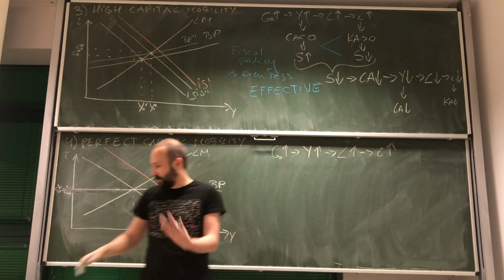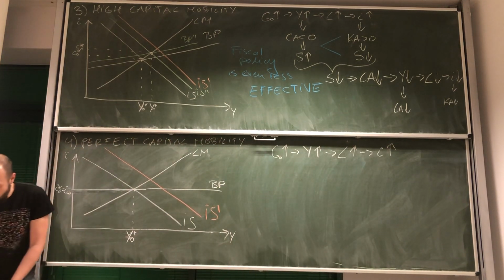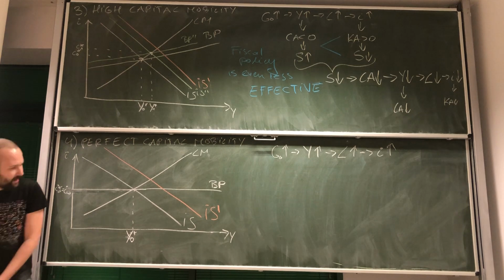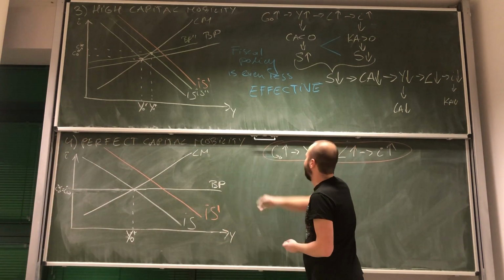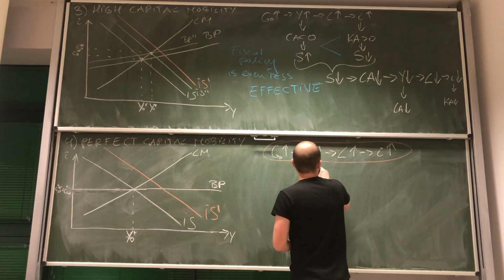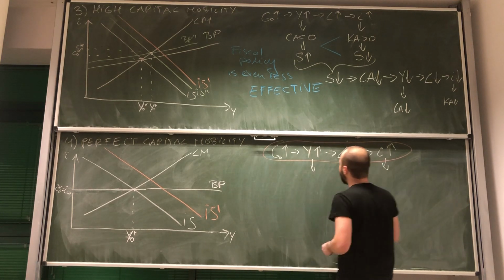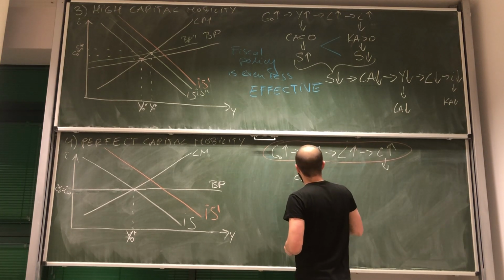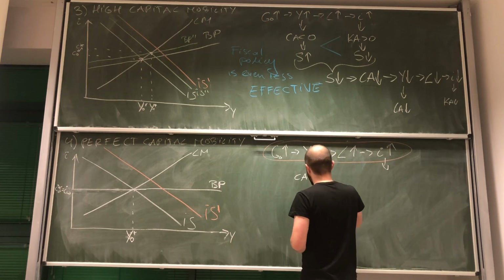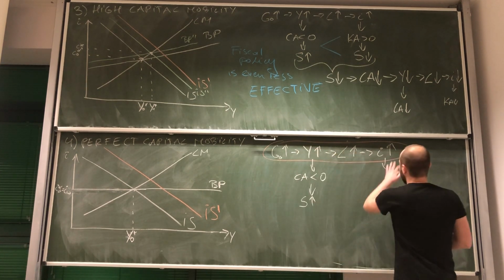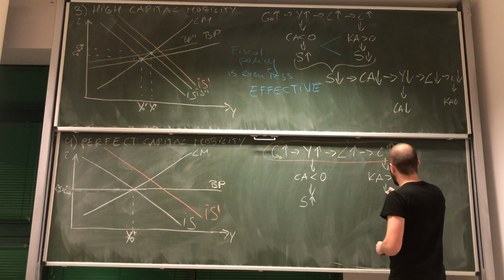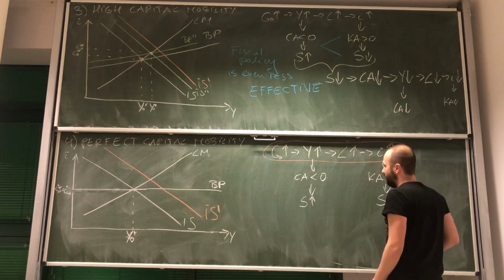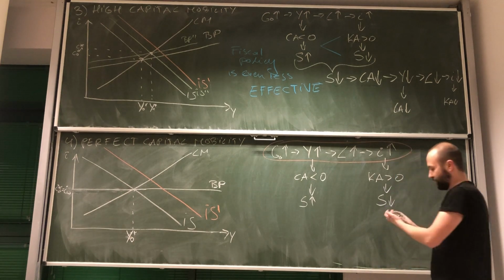Okay, this is our well-known closed economy effect. Now, what happens in the open economy? Well, current account goes into deficit, which creates pressure on depreciation. Here, capital account goes into surplus, which creates pressure on appreciation.